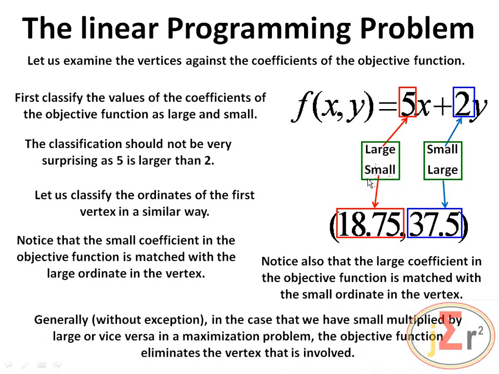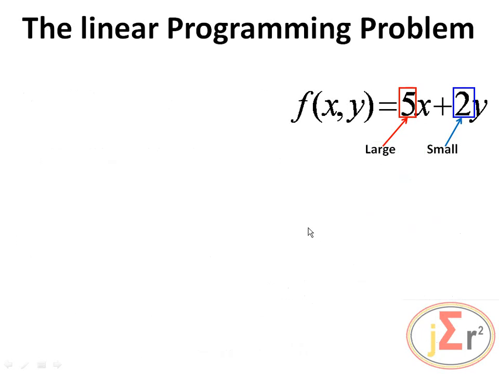Generally, without exception, in the case that we have small multiplied by large or vice versa, in a maximization problem, the objective function eliminates the vertex that is involved. So this one is going to be eliminated. Why? Because we have small going with large and a large with small. So this one is going to be eliminated.